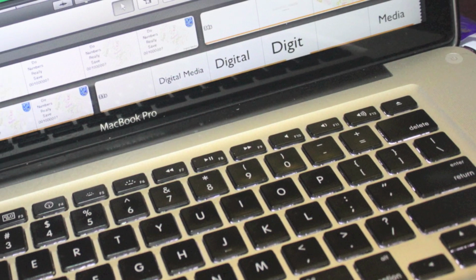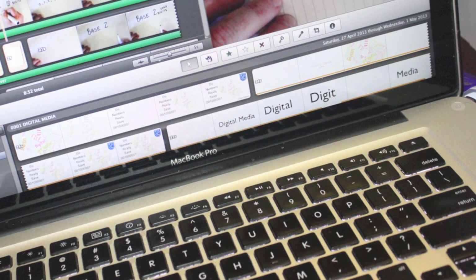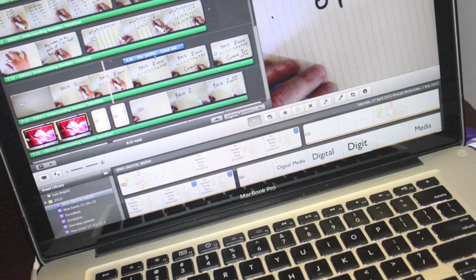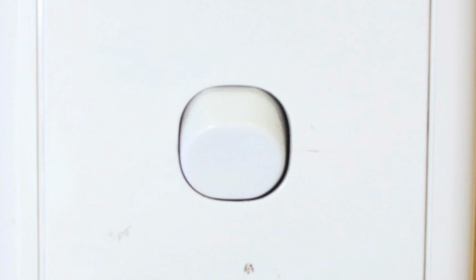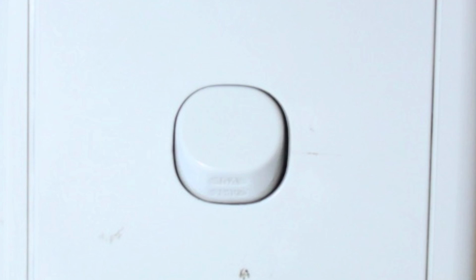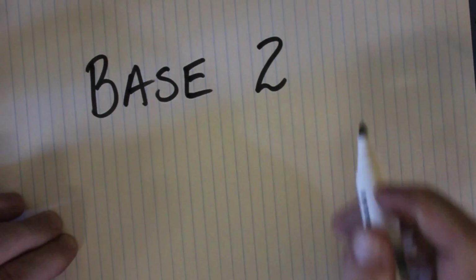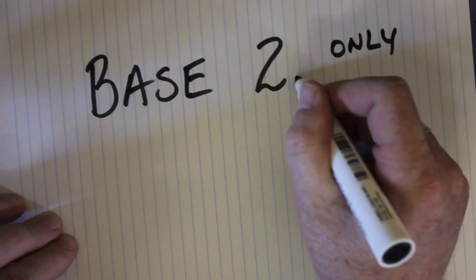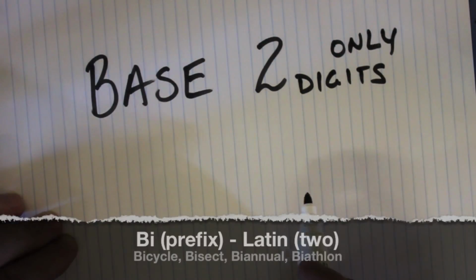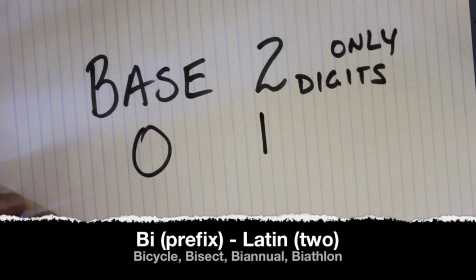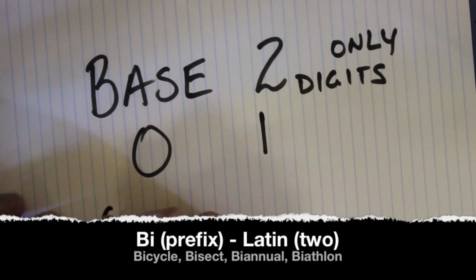A computer does not have fingers to help keep count. It is powered by electricity that either can be on or off. 2 possibilities. Computers use a counting system based on 2 digits. It only uses 2 digits and is called binary counting. Those 2 digits are 0 and 1.